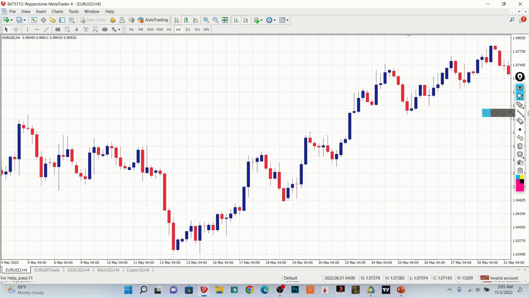For example, when you look here on this clear uptrend, I want you to know that Fibonacci retracement works in a clear uptrend or a downtrend.